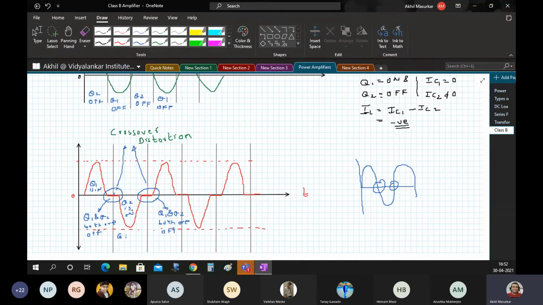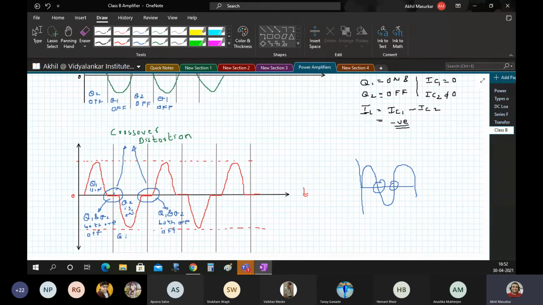Also, silicon power transistors, like I said, require 0.7 to around 1 volt of VBE to become on. The silicon power transistors require around 0.7 to 1 volt to go into the on state.